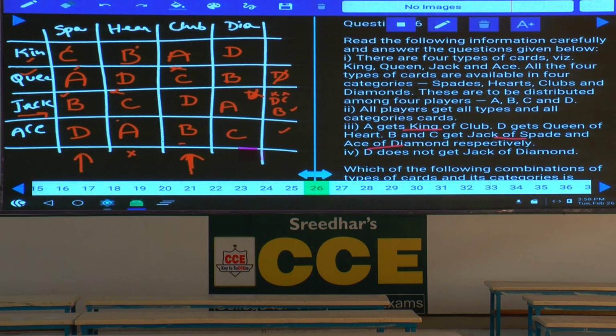And this is about question numbers 26 to 31. Write down this arrangement.